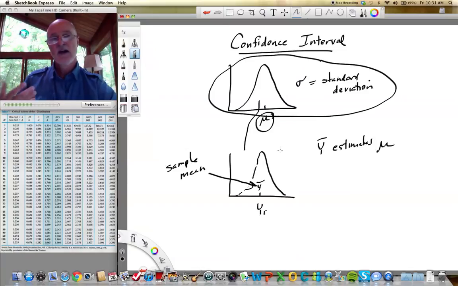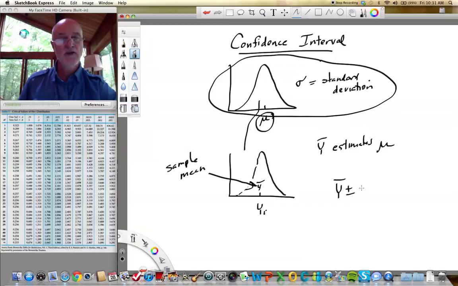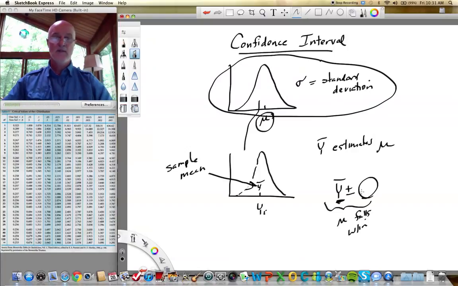Confidence intervals are nothing more than a way of giving a range, plus or minus some quantity, around our estimate of the mean, and what we're saying is then that mu falls within that range. It also expresses how sure we are of that, so we can change the outer limits to increase our surety that mu falls within that, or to be less sure about it.